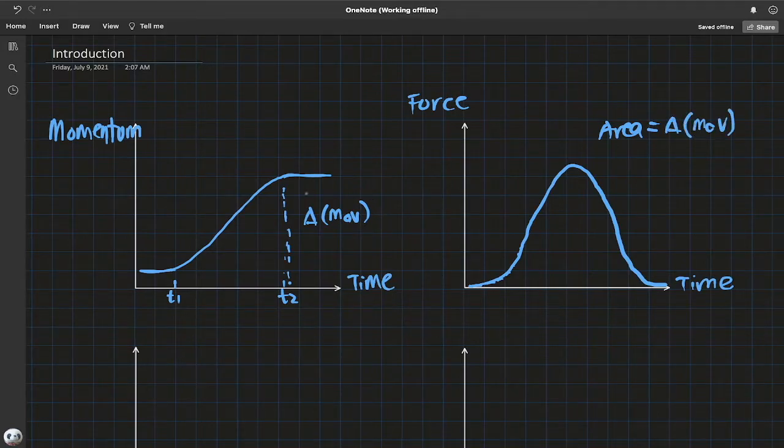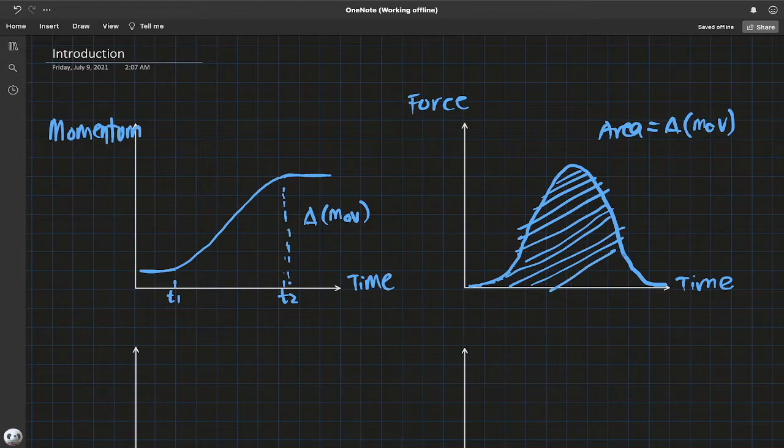So what was the perpendicular height is now the area, because we just graph different entities, at least on the vertical axis. So this area that I've shaded out is basically going to be delta of m naught v. Say this is t1, and that's t2.